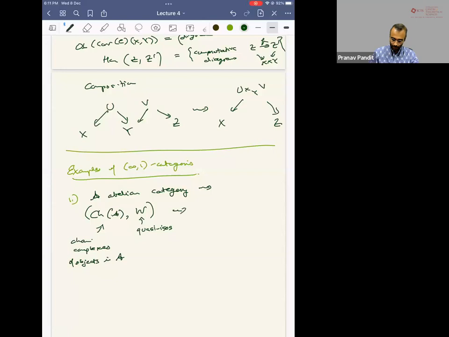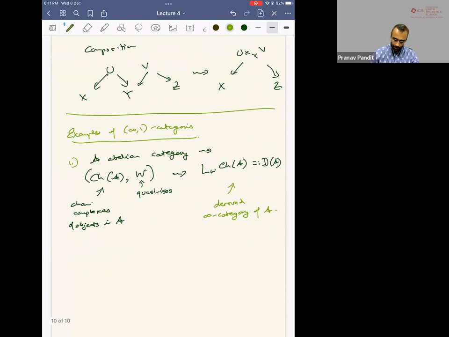So this gives rise to an infinity category LW CH of A, which is often also denoted D of A. It's called the derived category of A. This is the derived infinity category of A, or simply the derived category. Okay.